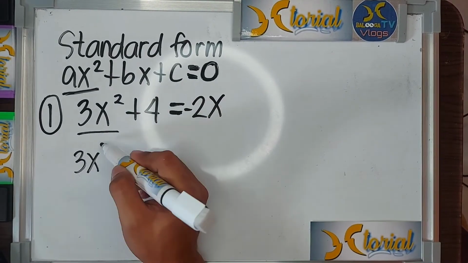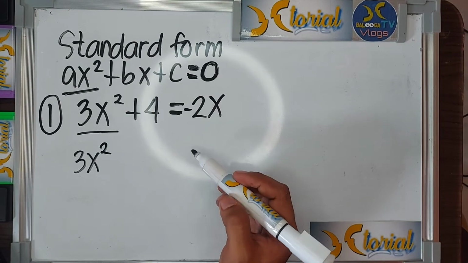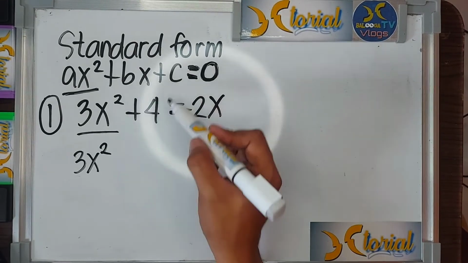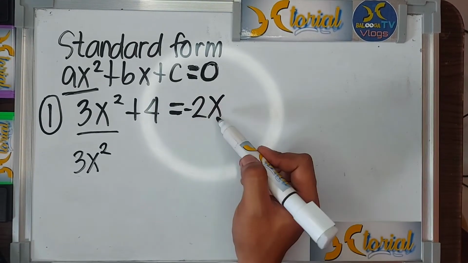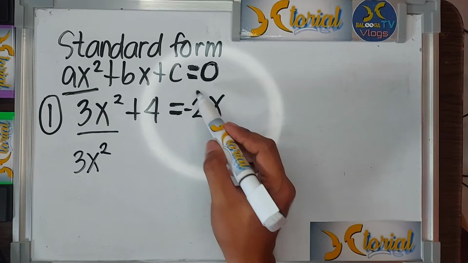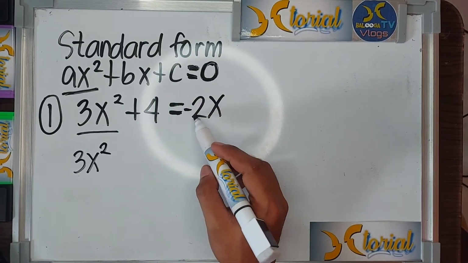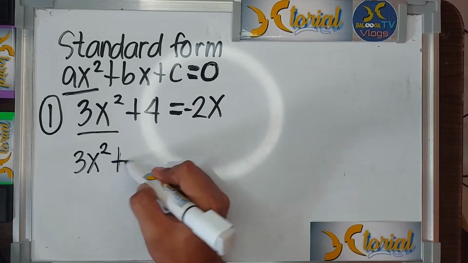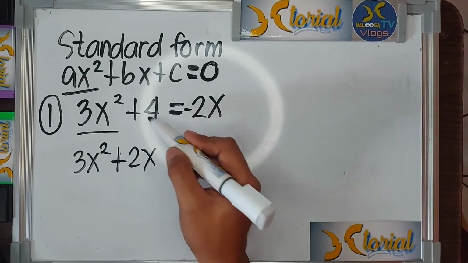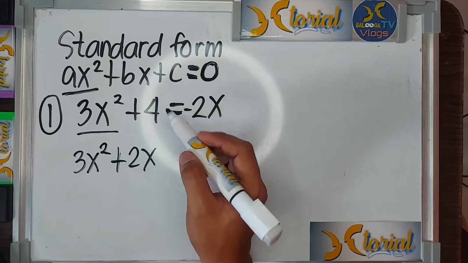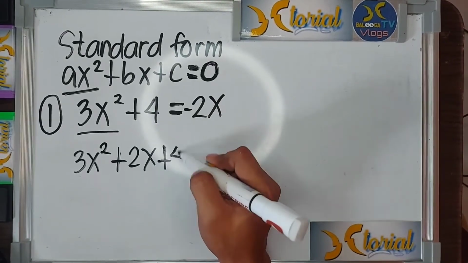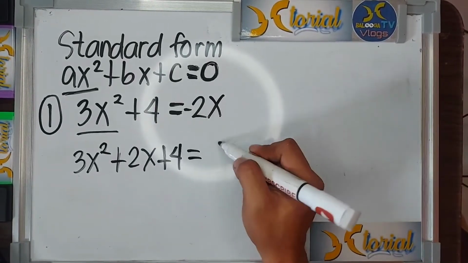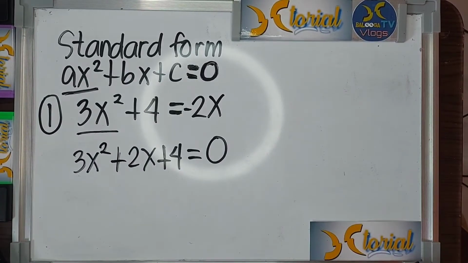We have 3x squared. Then our linear term, hindi ito yung linear term natin kasi wala siyang x, ito siya. So ililipat natin siya sa kabila, magiging positive 2x. So we have plus 2x. Then ito, hindi naman siya lilipat sa kabila, so plus 4 equals, wala nang natira sa kabila, so 0.